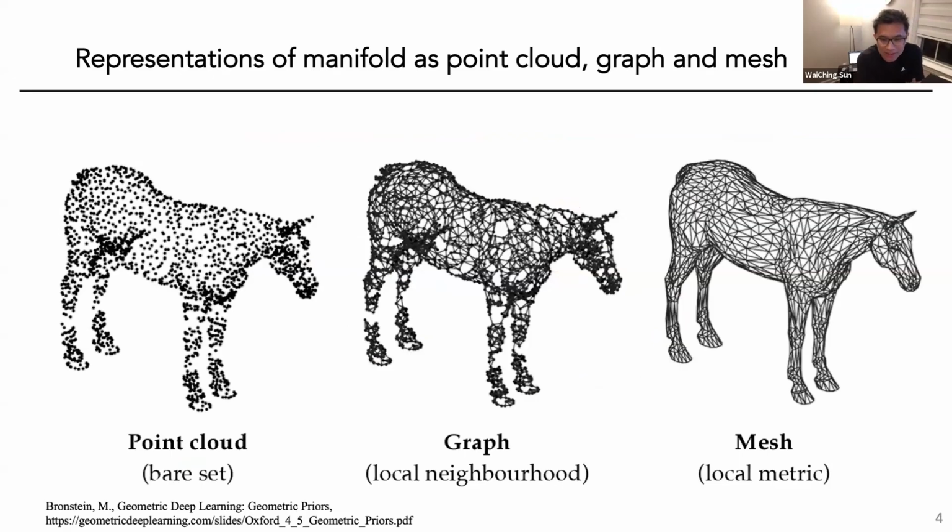The key here is that sometimes they have slightly different demands. So shown here is actually not from my research, but from the work from Oxford with the geometrical pyre. You can see here, the horse can be represented by point cloud, by graph, by mesh.